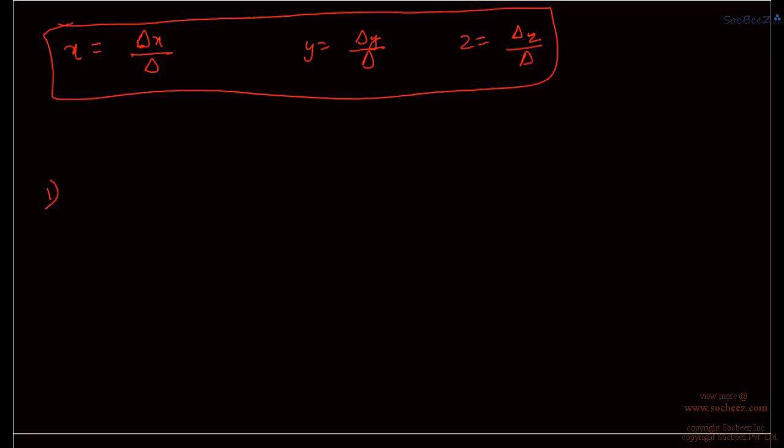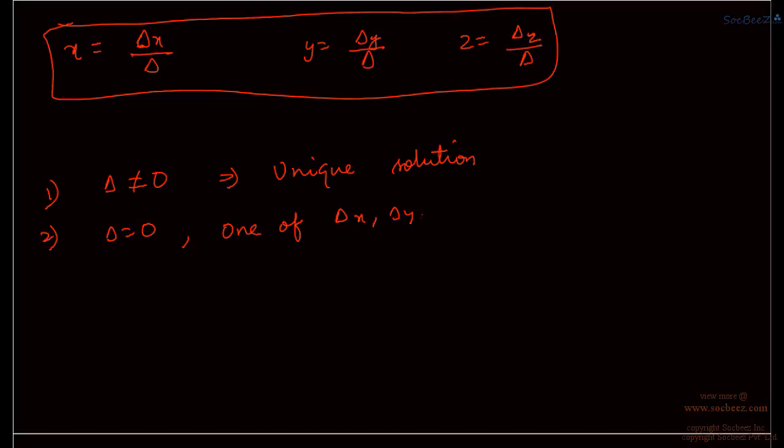Okay. So once this is done, again we have a few conditions for the occurrence of solutions here. First of all, delta is not 0, right? Because delta is occurring in the denominator in all the 3 expressions. So if delta is not 0, we have a unique solution. If delta is 0 and at least one of delta x, delta y and delta z is non-zero, we have no solution.